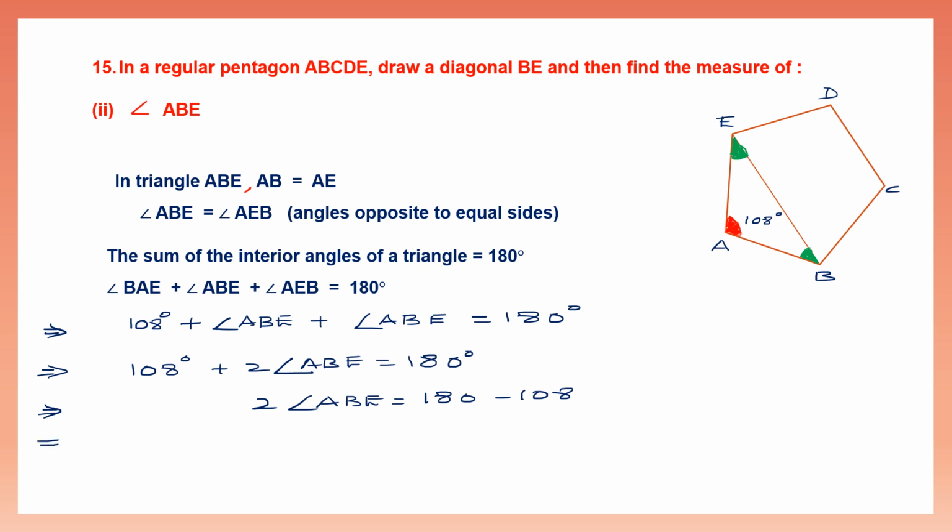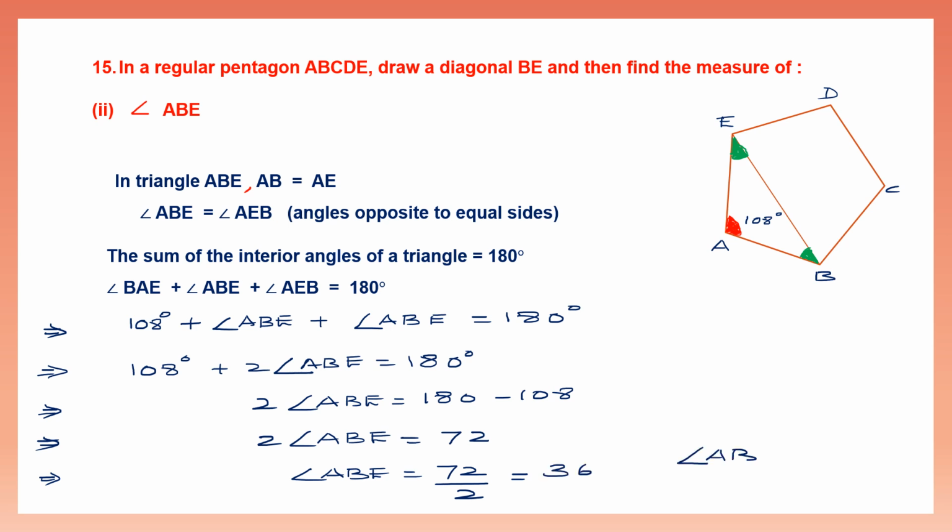That means 2 of angle ABE will be 72 degrees. Now to find only angle ABE, I divide 72 by 2 and that is 36. That means I have found the value of angle ABE, and that is 36 degrees. So this is my answer.